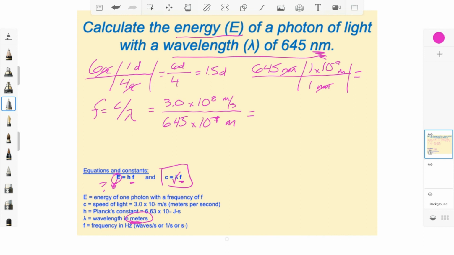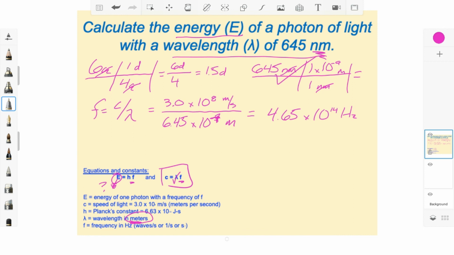So now we can finally solve for this frequency. Be careful plugging this into your calculator. So again, this number right here, times 10 to the negative 7, came from simply completing that math.